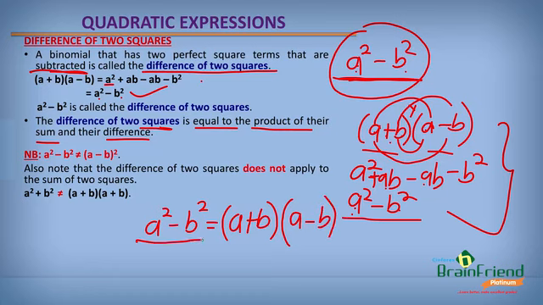So whenever we have something that looks like this, called the difference of two squares, the factorization is simply a plus b times a minus b.